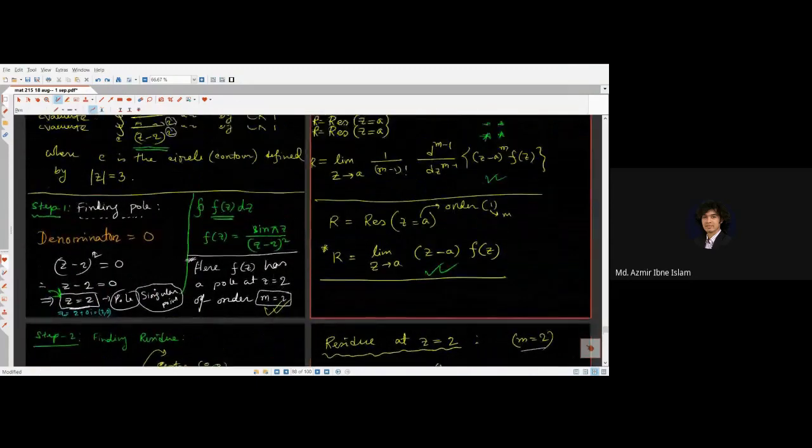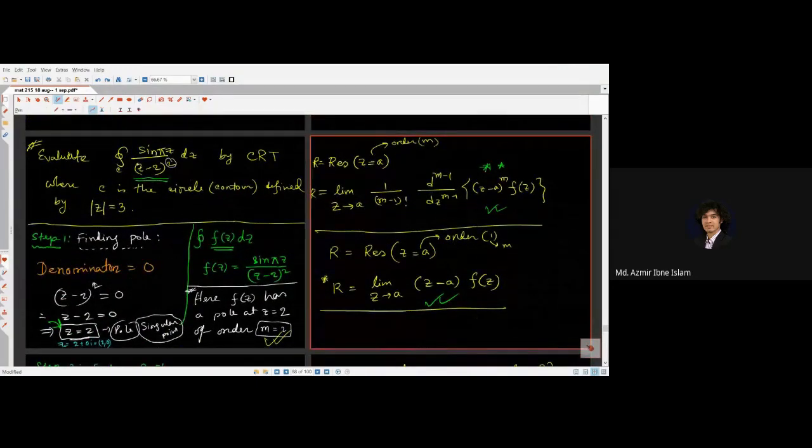If we have to evaluate an integral by using Cauchy's residue theorem, we have to find the pole first. For this, we set the denominator equal to 0 and solve an equation involving the complex number z. Till now, whatever poles we have found were in rectangular form, not polar form. We can express this as x plus yi, or 2 plus 0i. Do you get my point?